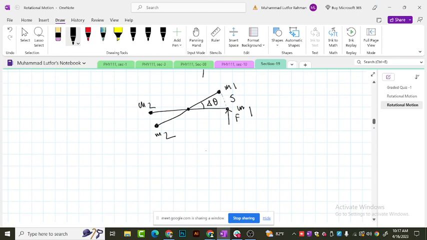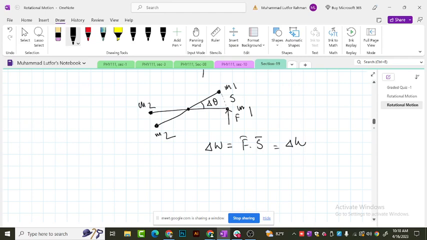If I apply that force and due to that force it makes an angular displacement as well as a linear displacement, then I can say there will be some work done. That work done, del W, should be F into S, which is simply the change of kinetic energy. Can you write this one? Fine.